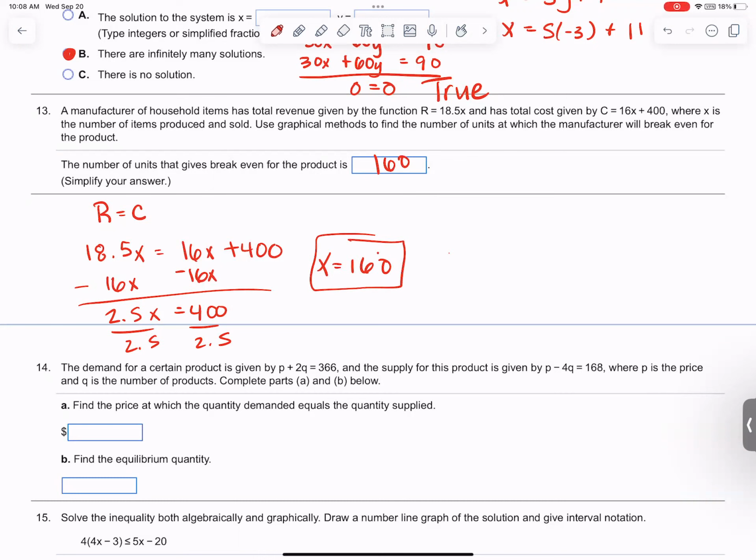Okay, so we're going to graph both revenue and cost. Do they give me a window to graph it in? I might follow the instructions this time. Nope. I guess I get to guess.